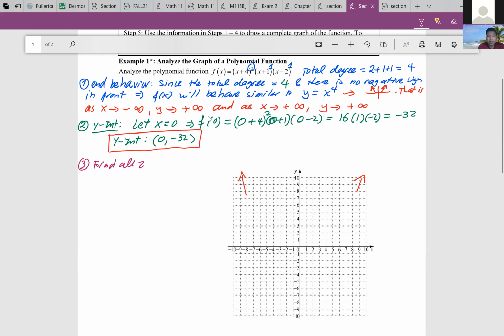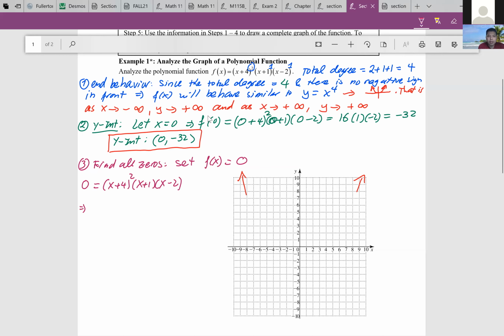Phi of 0. So we need to set f of x equal to 0. All right, so I have 0 equal to (x plus 4) squared, (x plus 1), and then (x minus 2).